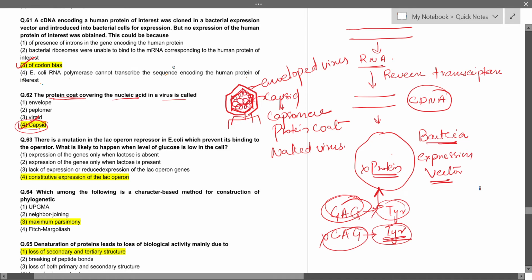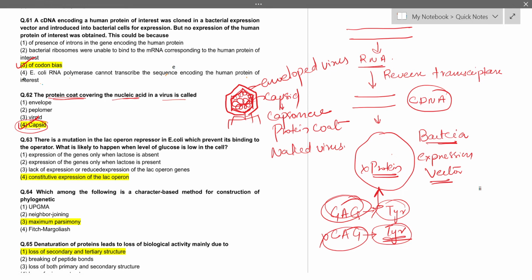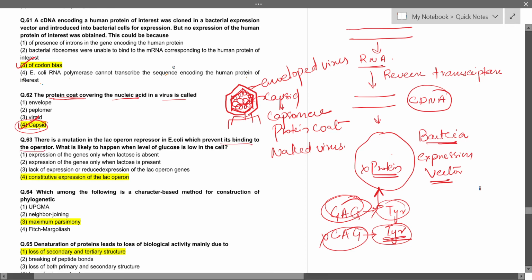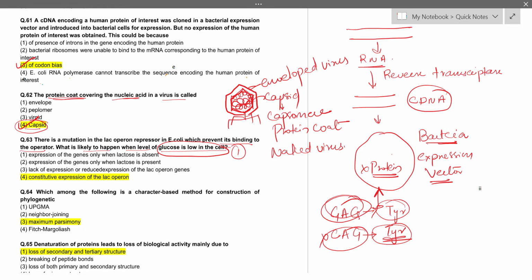There is a mutation in the operon repressor in E. coli which prevents its binding to the operator. What is likely to happen when the level of glucose is low in the cell? See, low glucose in the cell, first point that we have to note, if there is less glucose, the bacterial cell is going to produce glucose.